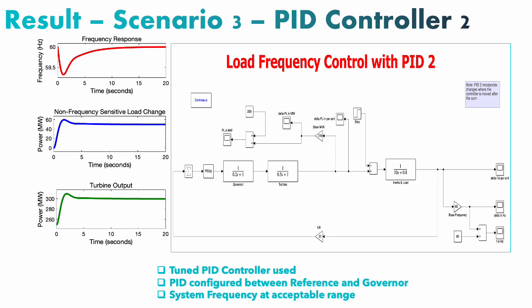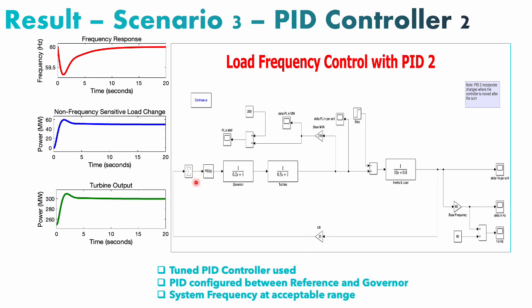In the third scenario, where we still use the tuned PID controller, you realize that we changed the position of the PID controller. In scenario 3, the controller was in parallel with the feedback gain.